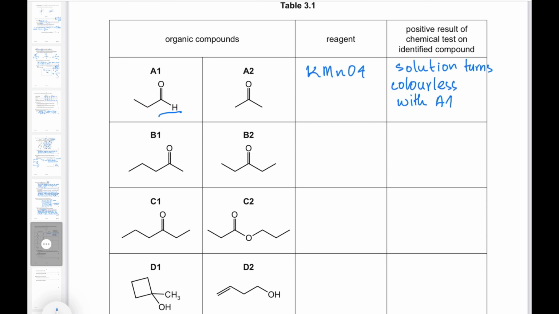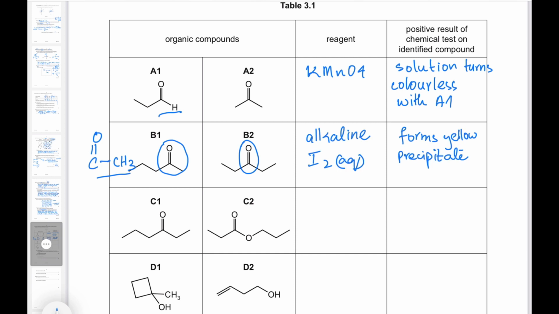Okay, both of the compounds in the second row are ketones. However, in B1 you've got a carbonyl carbon that's bonded to CH3, which means it can react with alkaline aqueous iodine by iodoform reaction to form the yellow precipitate, whereas B2 cannot do that.